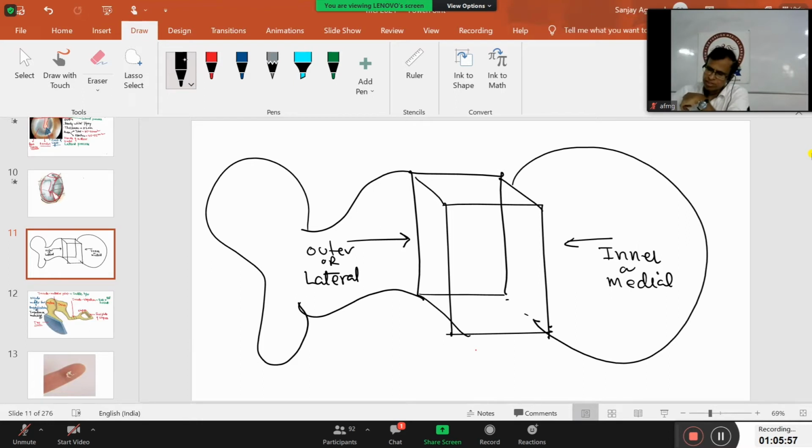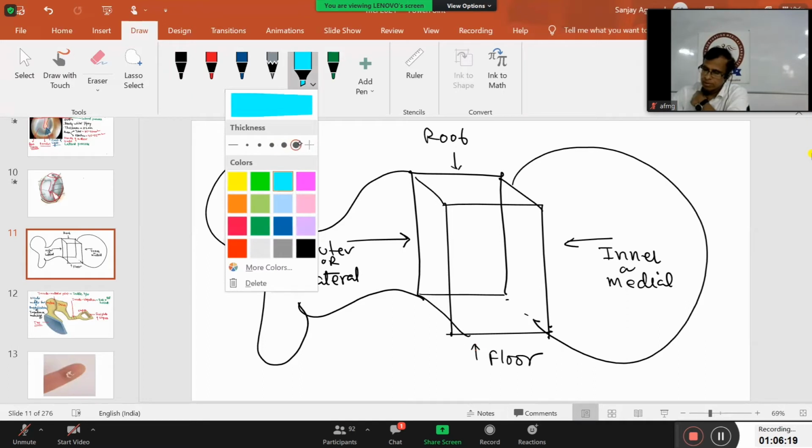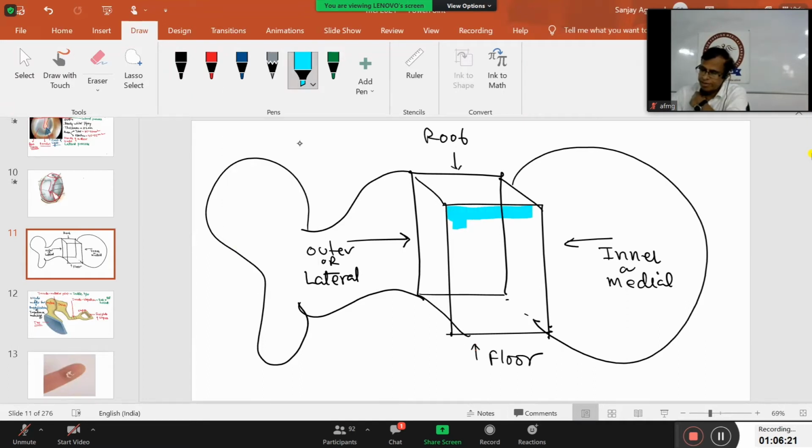What boundary is this? Superior boundary. This is the roof. So what is this? Floor. Inferior boundary. Floor. This is the anterior boundary.